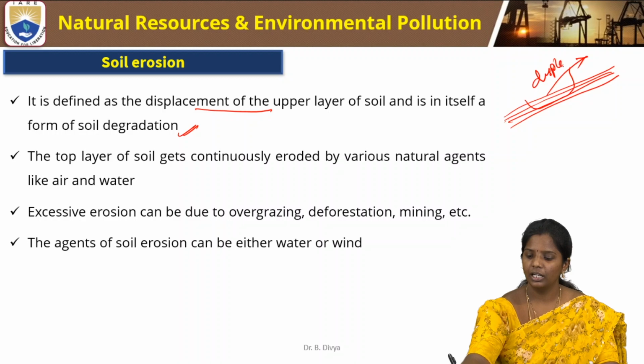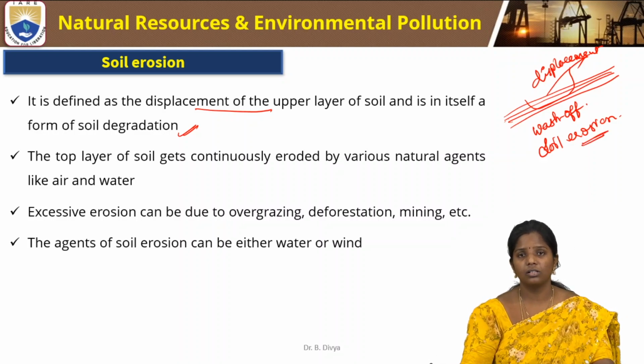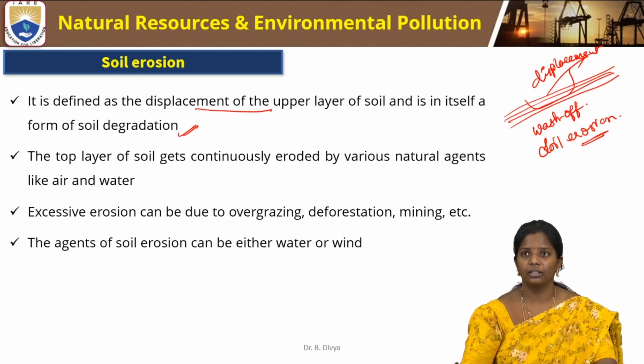It means it is removed due to washing, washed off somehow. That causes soil erosion, which causes damage to the land resources.